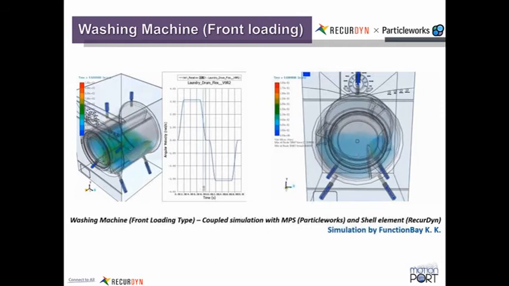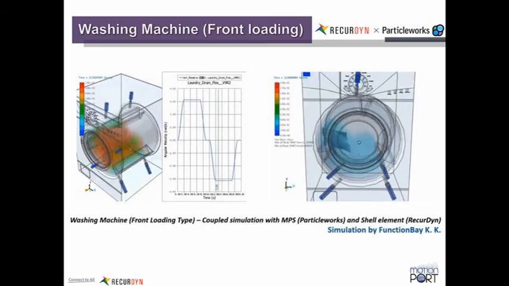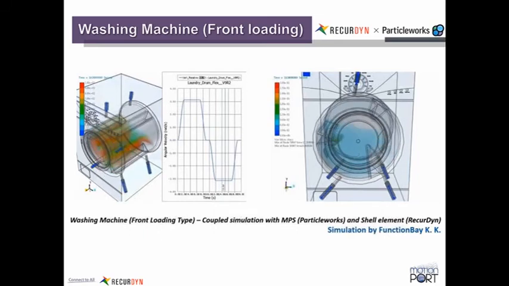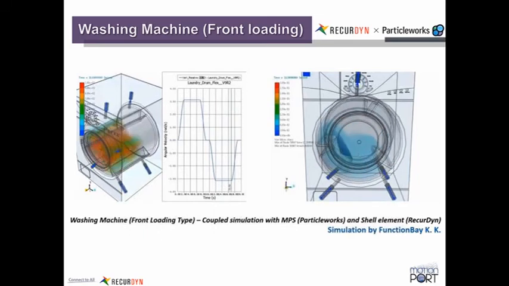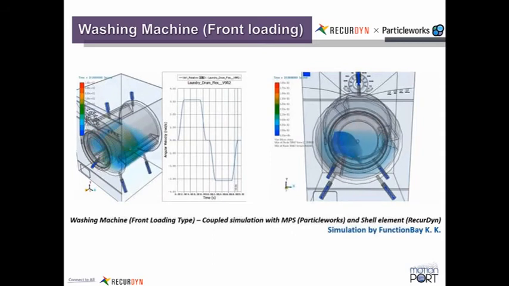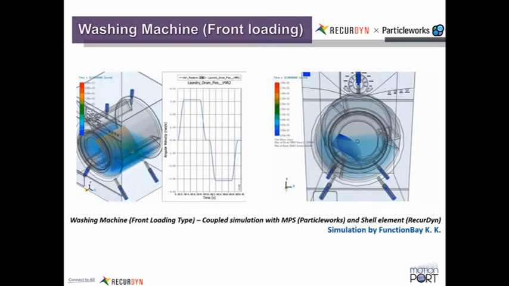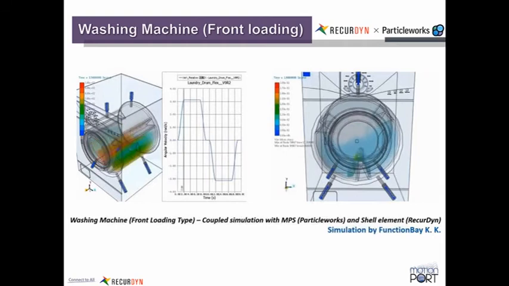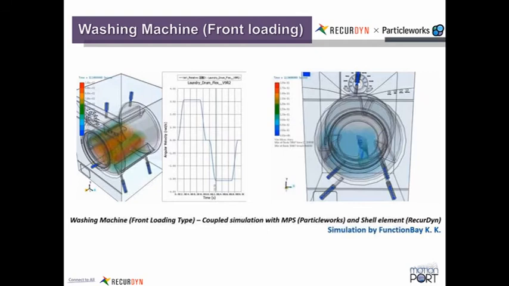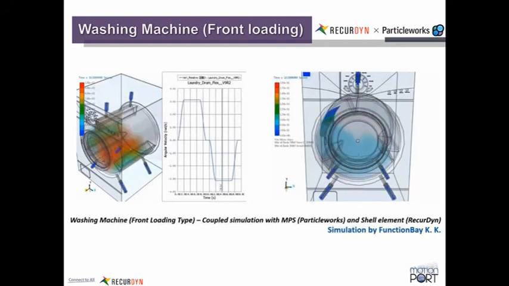In this case, the Recurdyn FFlex body is basically simulating a piece of clothing. You might think of it as some kind of towel. And you can see the interaction between the fluid, the baffle type of features on the drum of the wash machine, and then this flexible cloth.